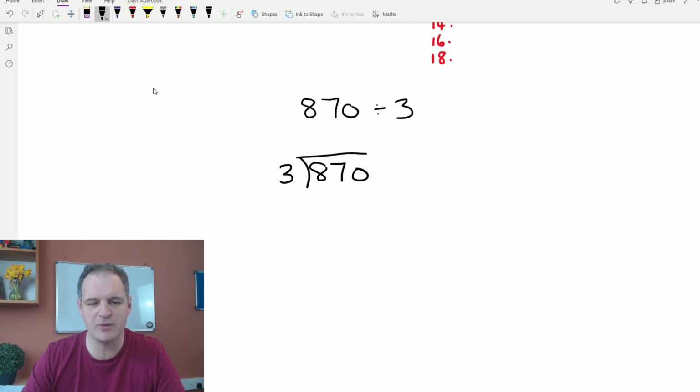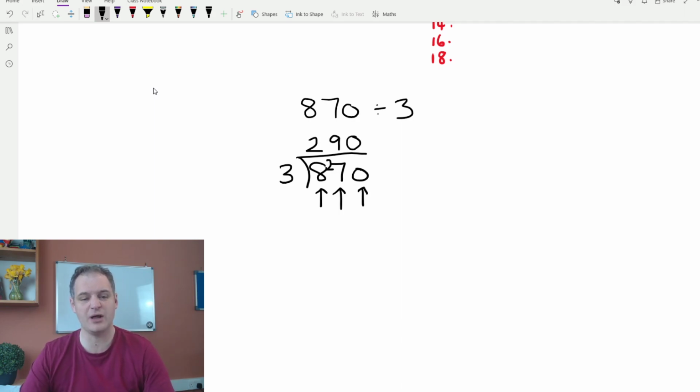And we looked at how many 300s were in the 800 we had. We had 2, we sent those away, leaving 200 to come and sit with the 70. We then looked at this column, and we had 3's into 27, 3's 9's are 27, and because we've got none left, just pop a 0. There's none left to do. We still have to do it, but we just put none there. So 870 divided by 3 is 290. So that's how we can do division.